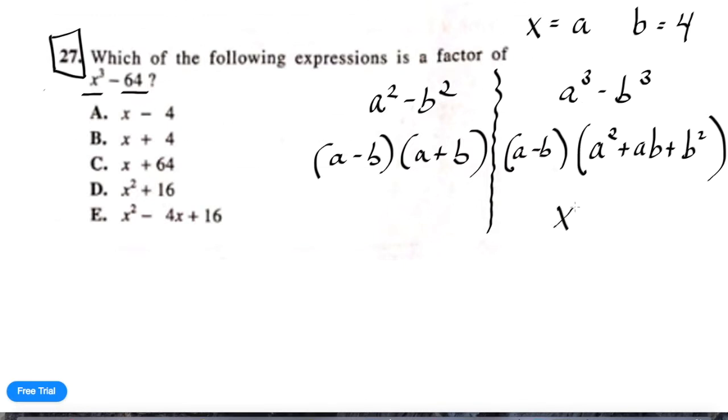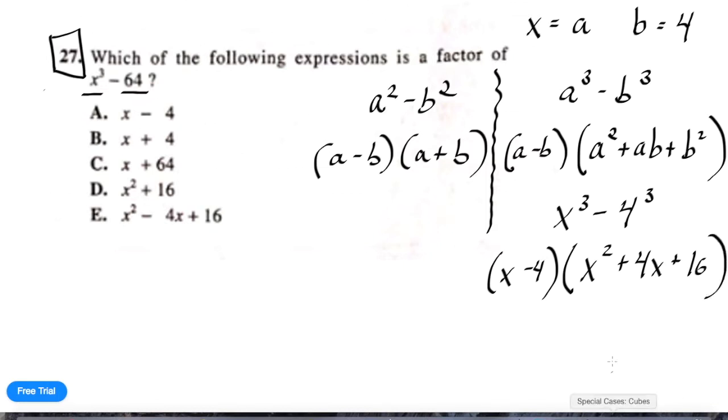X cubed minus 4 cubed. That's the x cubed minus 64. That could then, of course, be written as x minus 4 times the values x squared plus 4x plus 4 squared, which is, of course, 16.